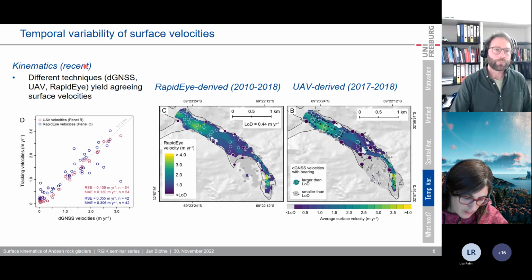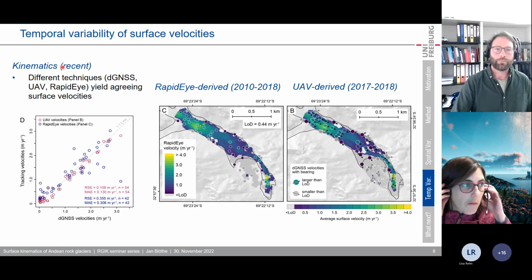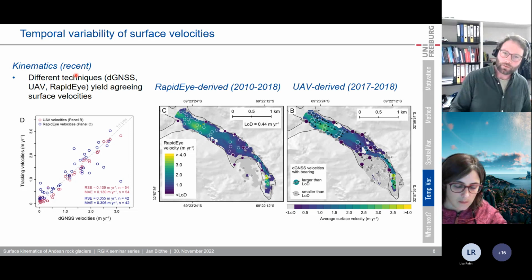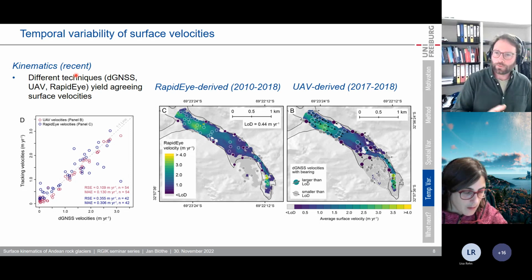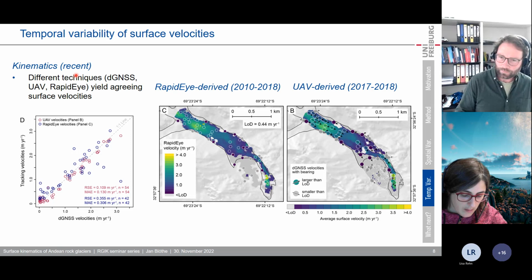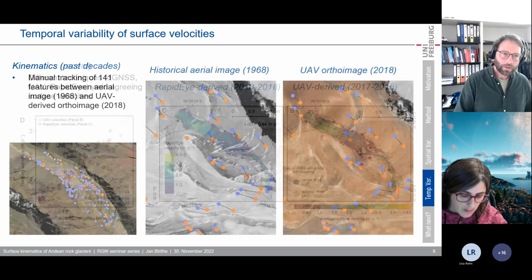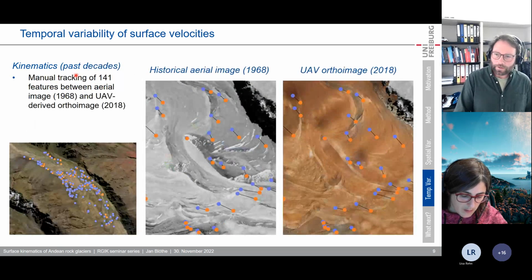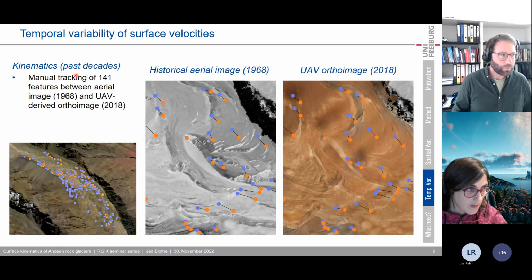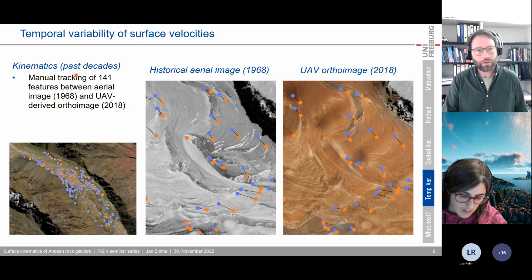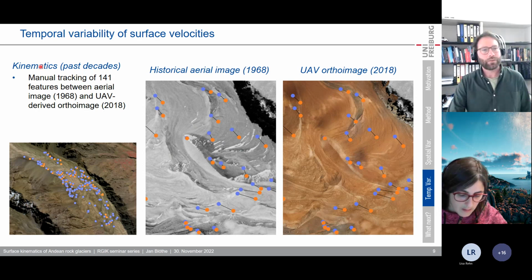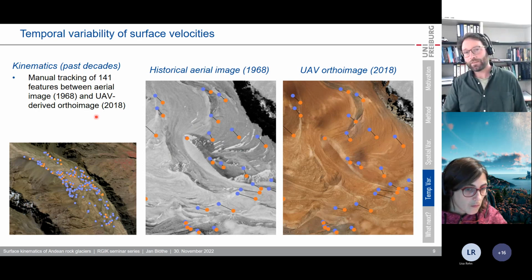So recent kinematics, as I termed it here, between 2010 and 2018, seem to be in quite good agreement, not depending on the timing that we are looking at. And now I'm coming to some aspects of this work that I haven't published until now. In this case, we are looking at the past decades of kinematics.